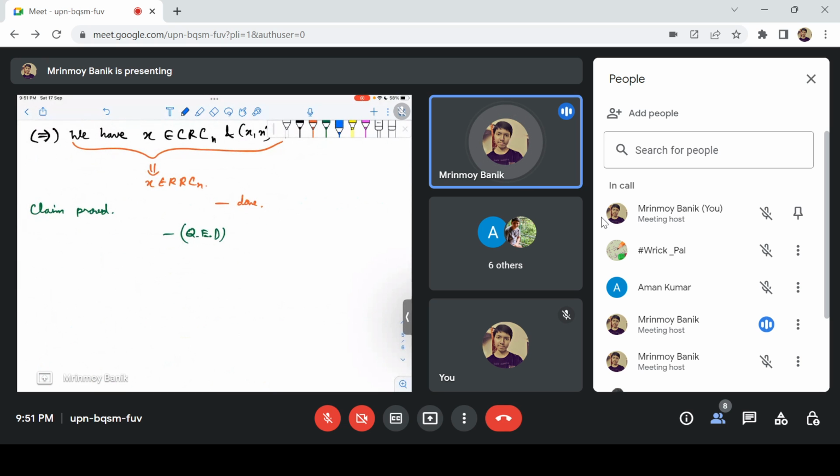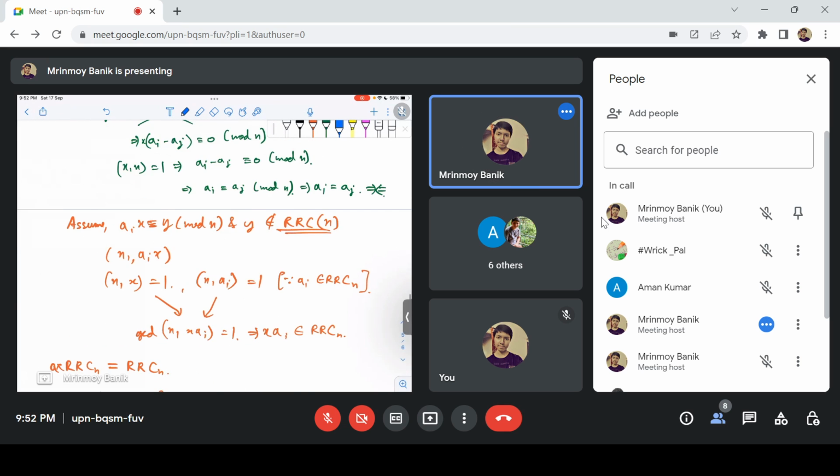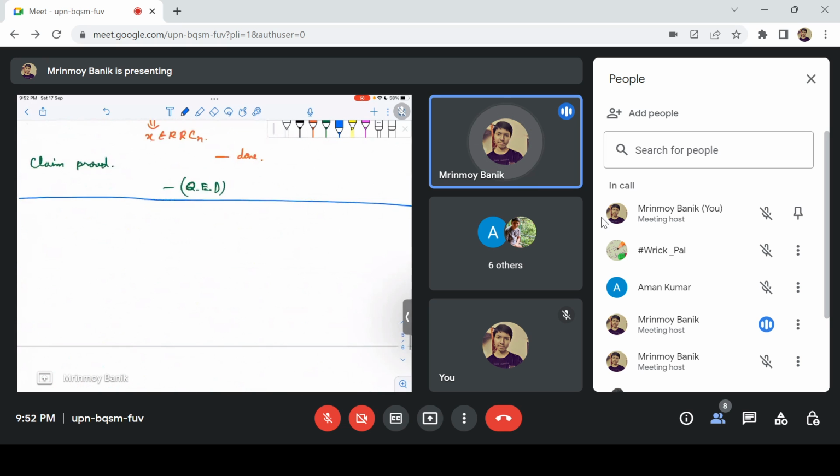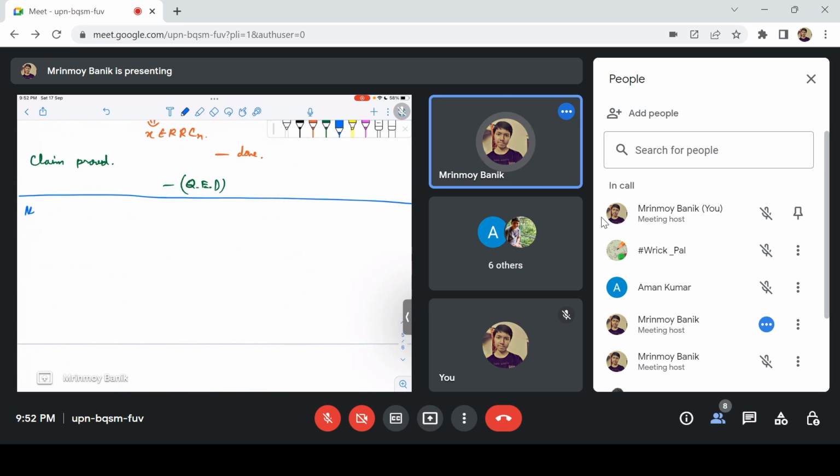So now let's move on to Wilson's theorem. Before that, I just wanted to point out a note for prime p.